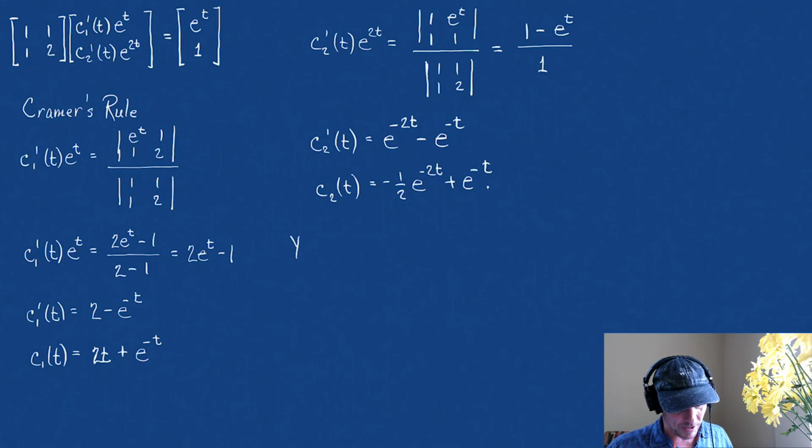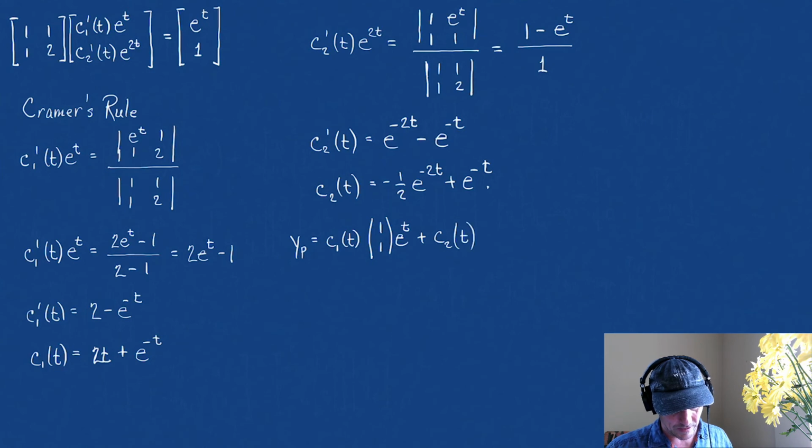Well, look at what we said. Remember, we said that y particular is c1 of t times the eigenvector 1, 1 e to the t plus c2 of t times the eigenvector 1, 2 times e to the 2t. Well, now we plug these in.